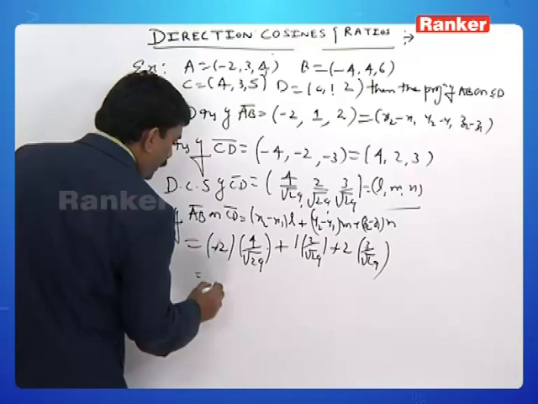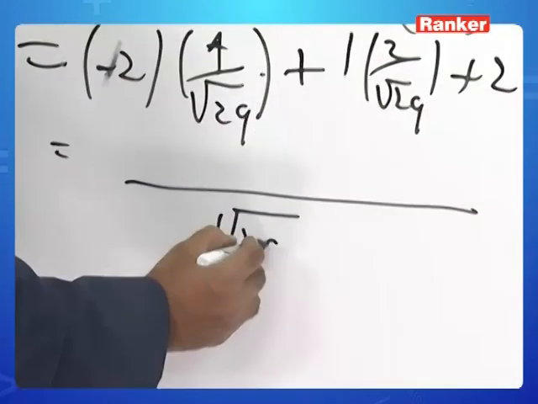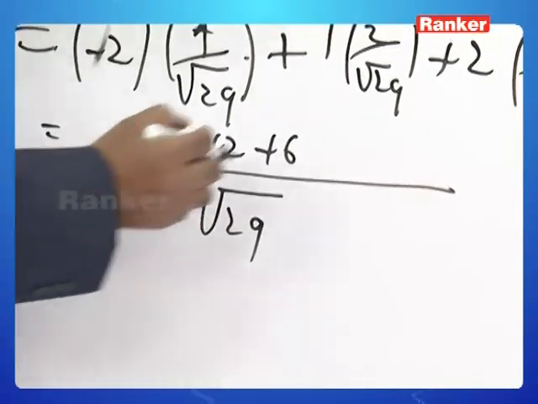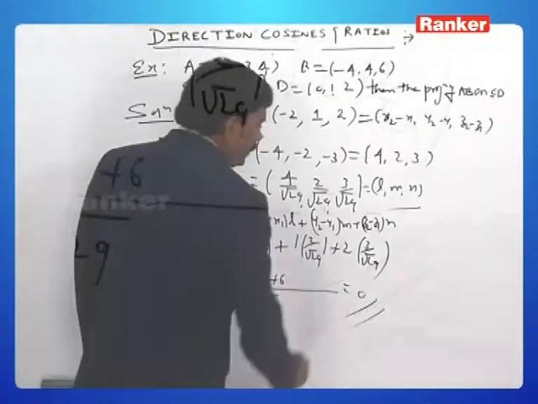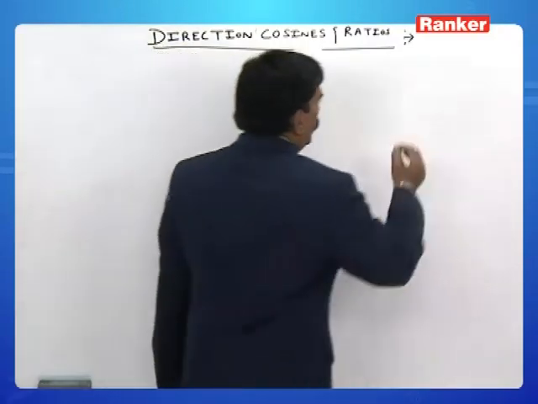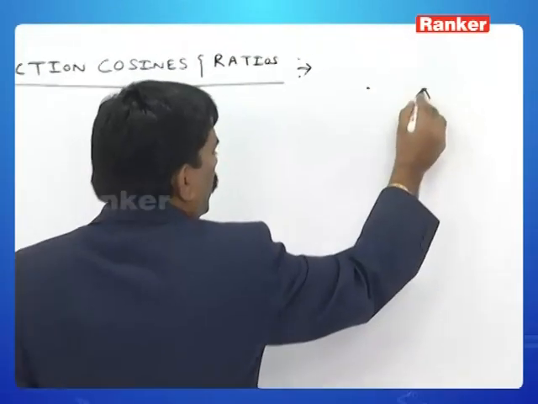So this is (minus 8 plus 2 plus 6) by root 29. Therefore, this is equal to 0.